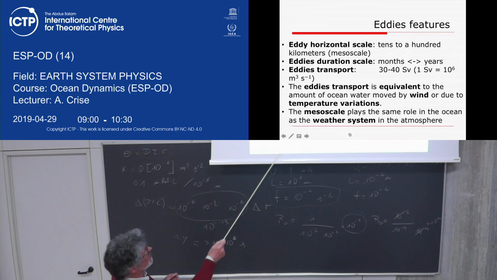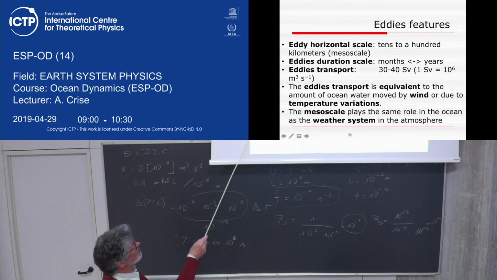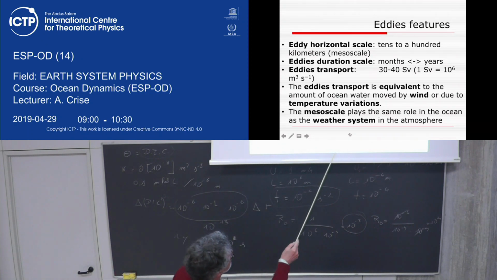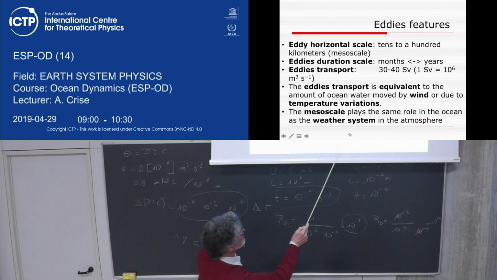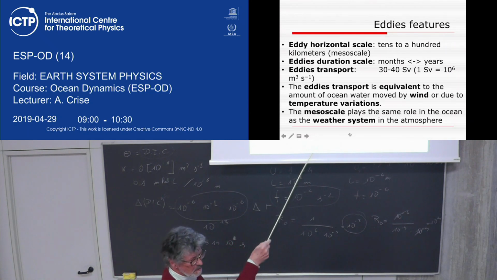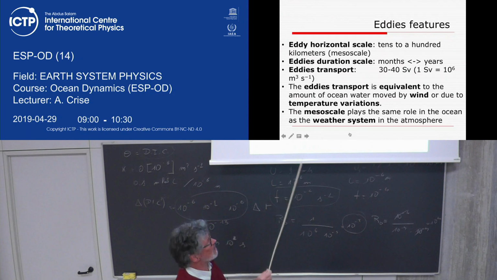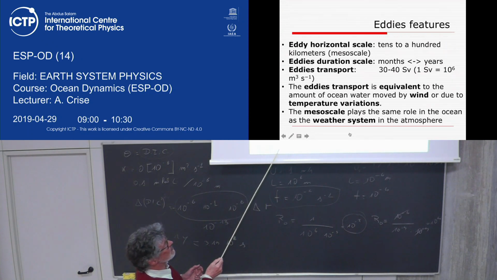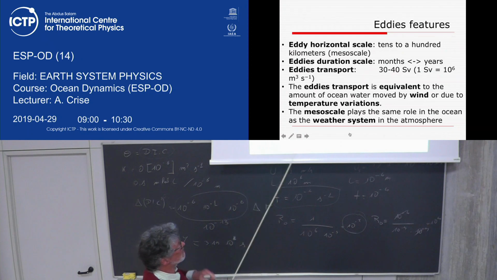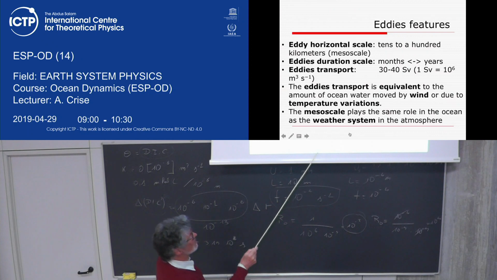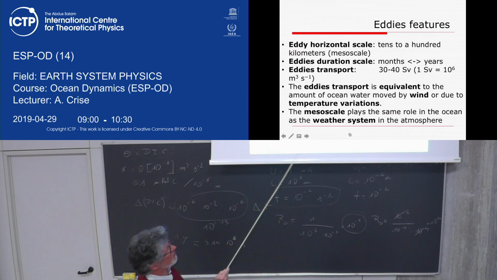What is important in the calculation of the eddy transport in the large-scale currents of the world is that it is of the order of 30, 40 Sverdrups. This number couldn't have any impact on you, but this is easier to remember: the eddy transport is equivalent to the amount of ocean water moved by wind or due to temperature variation.